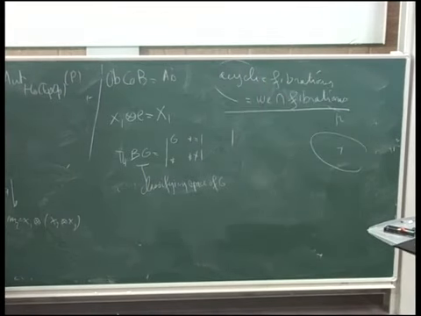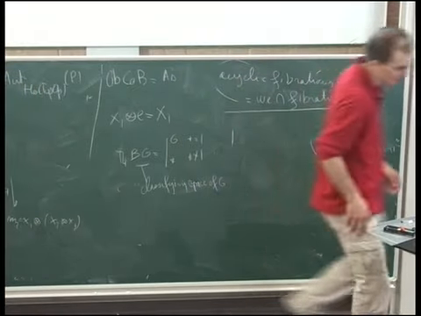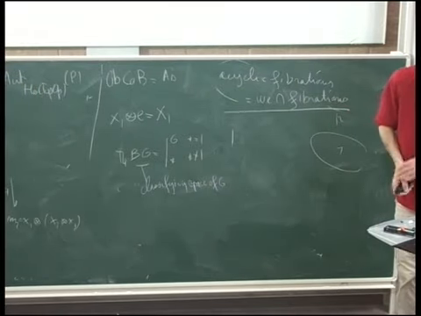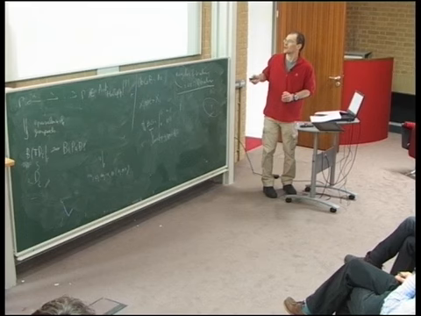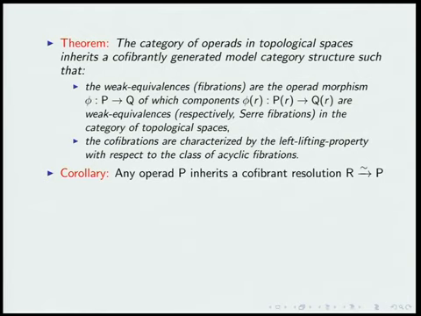I'm not going to explain this statement. I just want to say that this enables you to do computations, so I'm stating this as a corollary. What you are doing is using this kind of structure to compute morphism sets in the homotopy category of topological operads.